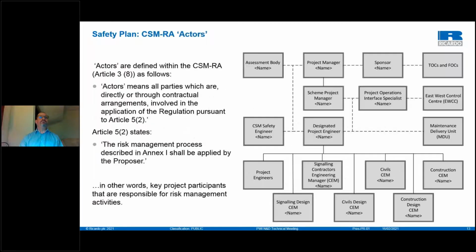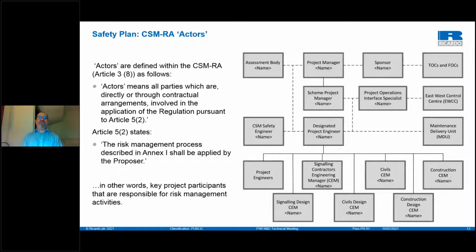Okay, quick note on CSMRA actors. This is another diagram, you see on the right-hand side, of key project participants that are responsible for the risk management activities. At the top there, you've got sponsors, the project managers, and you've got the assessment body on the left-hand side, sitting on the side there, interfacing with the project.